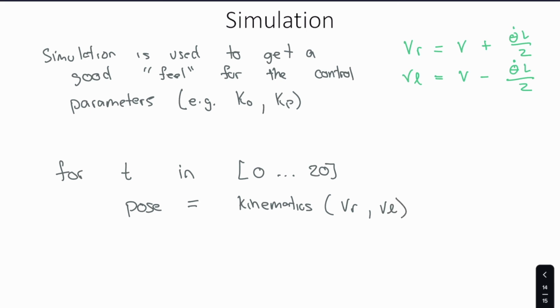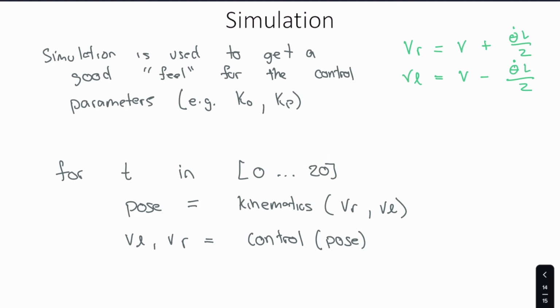That's how you propagate forward through time. And then you'll compute new values for VL and VR based on your control law, which depends on your current pose. And that's essentially what the simulation will do, is these two equations will update each other based on their current values, and you'll just do that for 20 seconds.